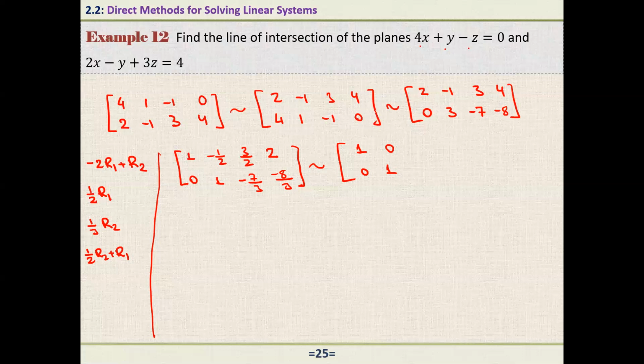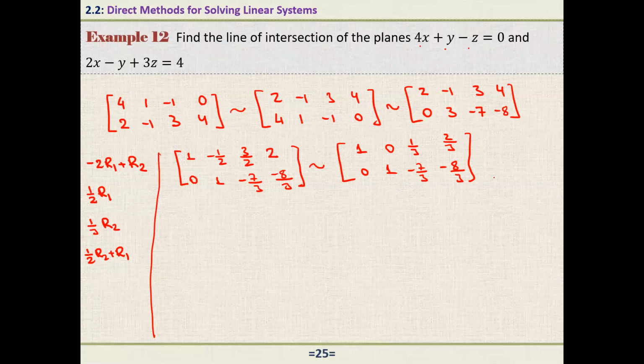That's equal to 1 over 3. So here we have 1 over 3, and here we have minus 7 over 3. And how about the last one? If you multiply this by 1 over 2, that is minus 4 over 3, plus 2. That's equal to 2 over 3. So here we have minus 8 over 3, and here we have 2 over 3. Okay. Now, actually, this is the reduced row echelon form of this matrix.